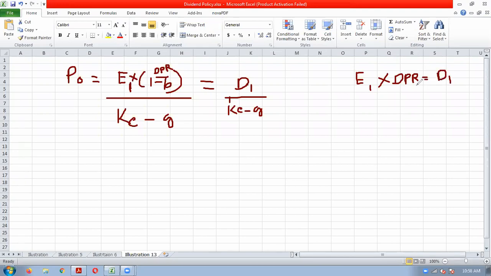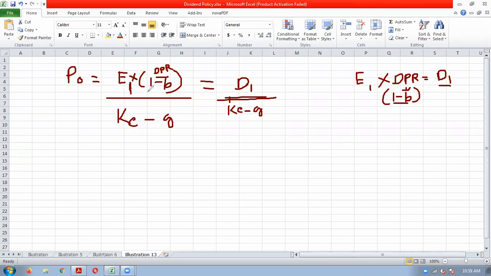And what is dividend payout ratio? Dividend payout ratio is nothing but 1 minus retention ratio. Last class also we have understood. So if you have understood the concept properly, then E1 into dividend payout ratio, that is 1 minus b, is a dividend. Again, we are discounting the dividend only by Ke minus g, and we will get the answer. So this is another approach of applying the Gordon's growth model using earnings.